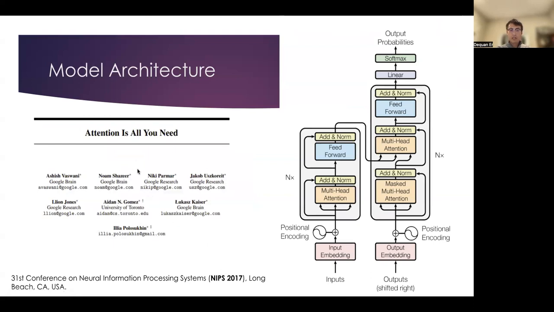Based on that, in 2017, the Google team developed this attention model. The title is very interesting, called "Attention is All You Need." Their attention exactly meant this multi-head attention layer, but besides that, you also need the other layers as an ensemble to make this model work.